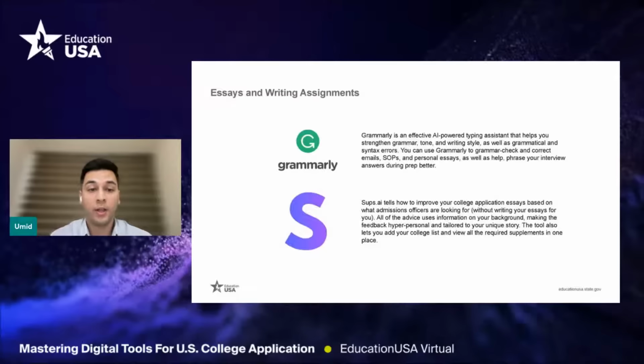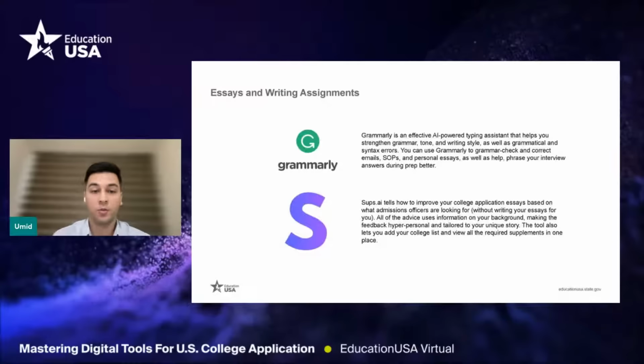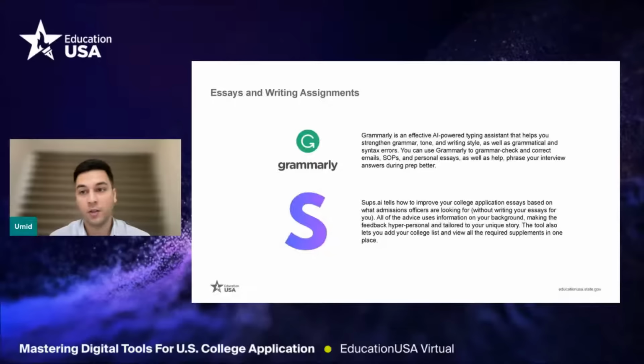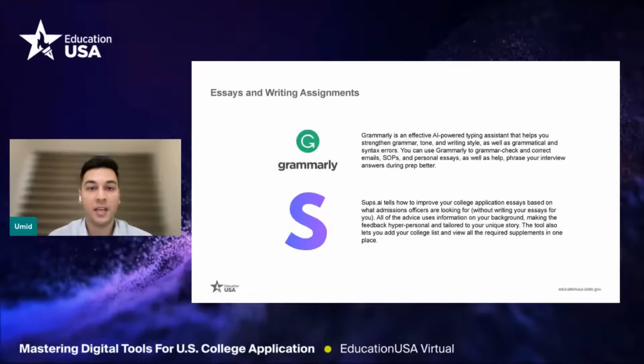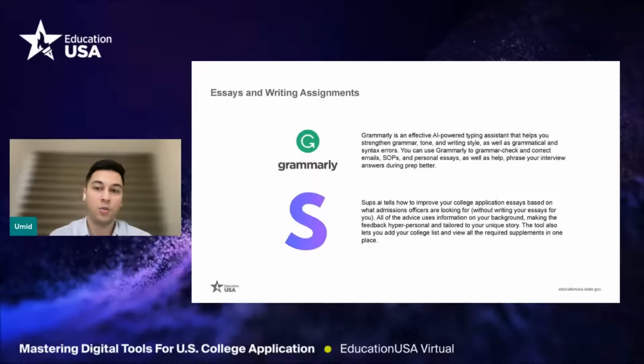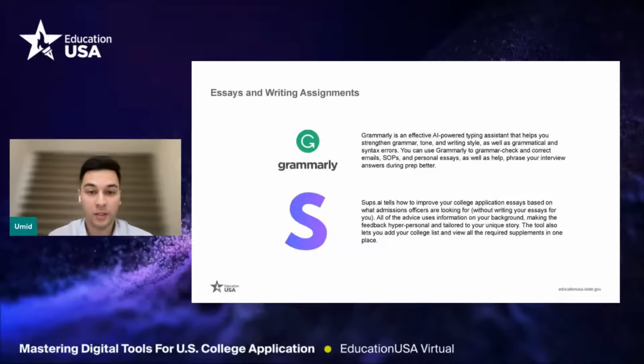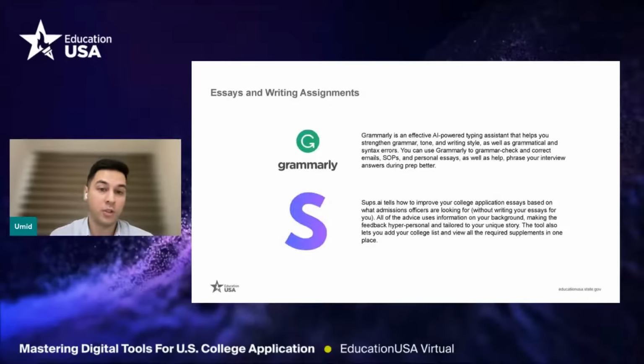For essays and writing, there are two popular tools apart from ChatGPT, because as I've told you, you shouldn't use ChatGPT to write an essay for you. You should write it yourself. But for improving your essays, you can use tools such as Grammarly.